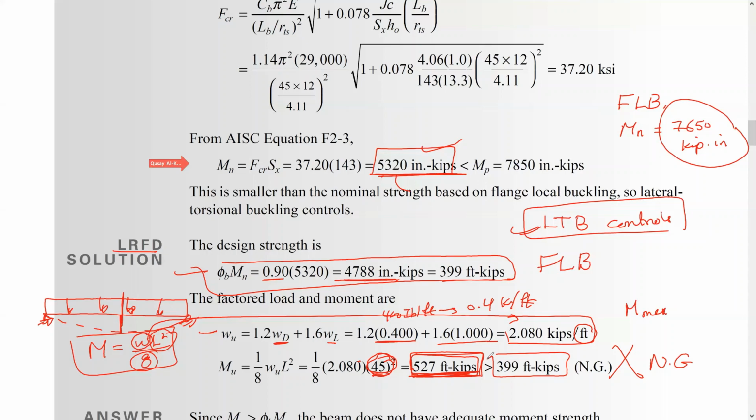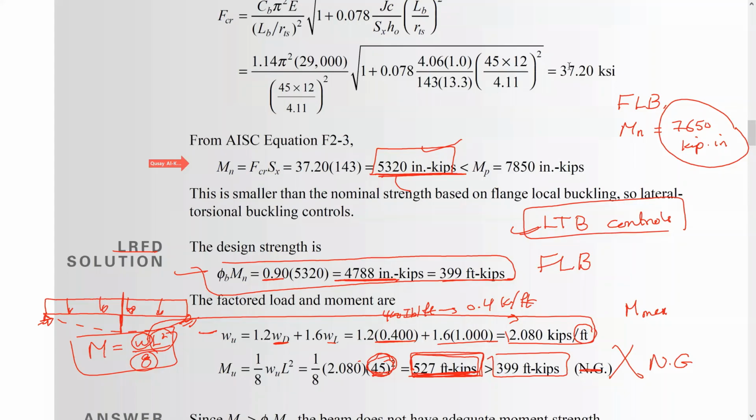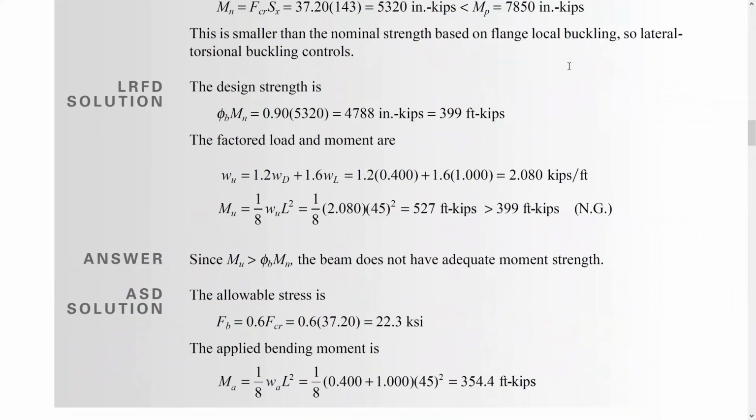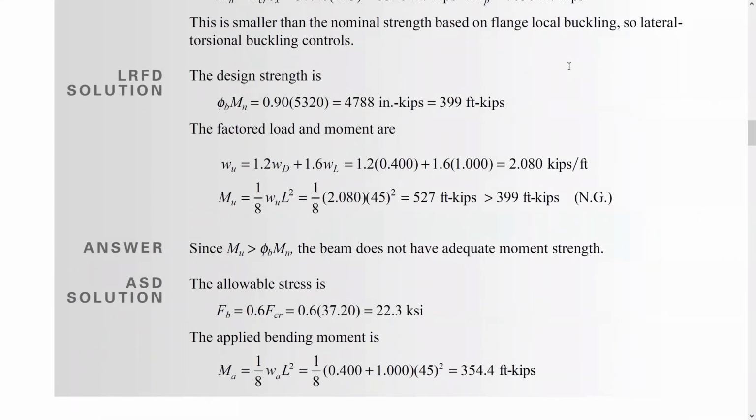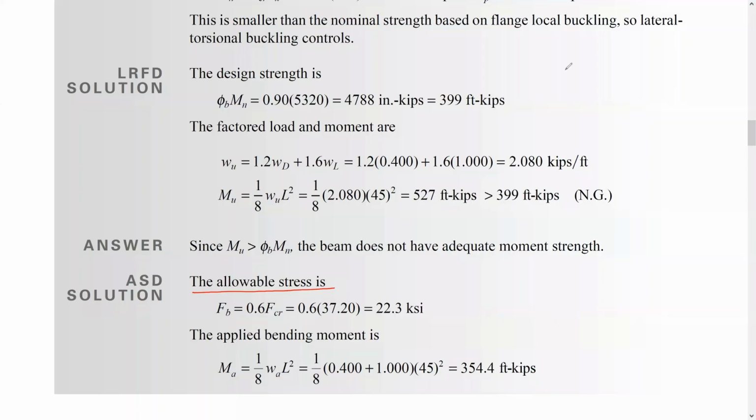Let's do the same for the ASD method. So the allowable stress here, in the textbook they did use the stress, but let me do the same procedure we do have.